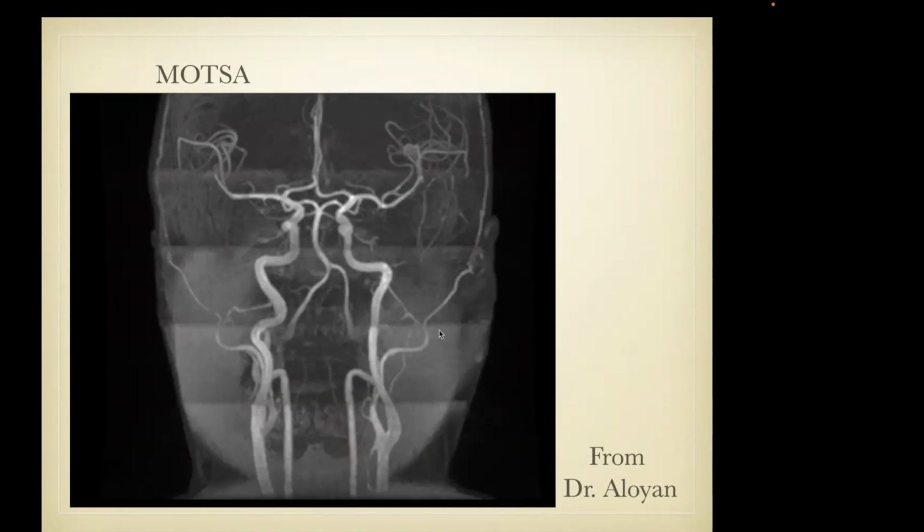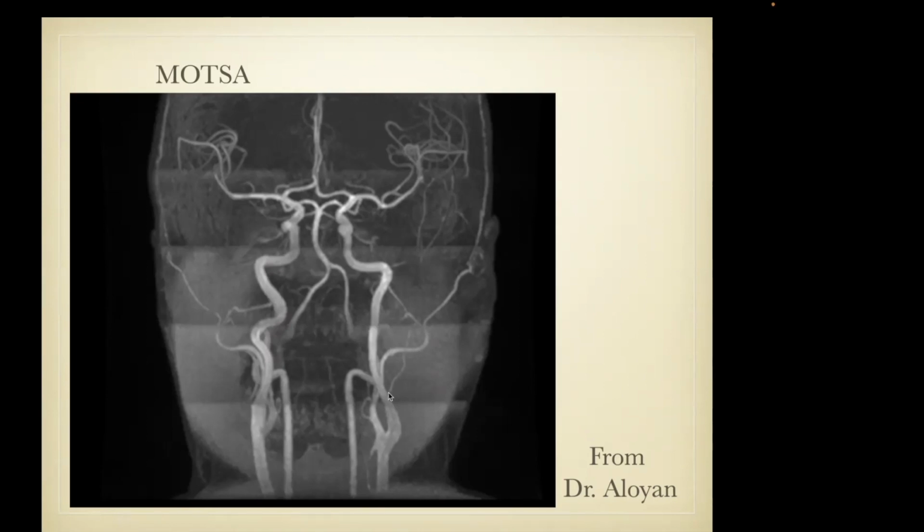And you notice the way the signal in the slab changes as we go from the bottom to top. I also want you to notice that the signal is less on the bottom part of the slab and higher at the top. And so where the vessels join, the vessels look roughly even in signal intensity.